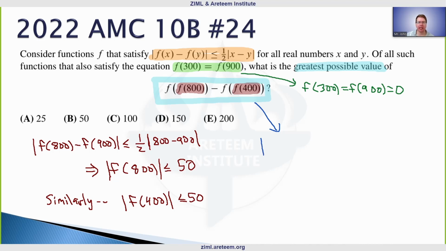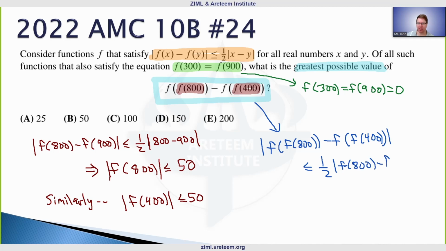This expression, f of 800 minus f of 400, is less than or equal to 1/2 the absolute value of the inside, so f of 800 minus f of 400.